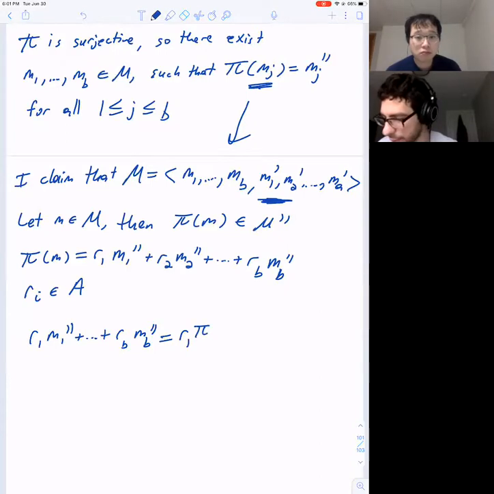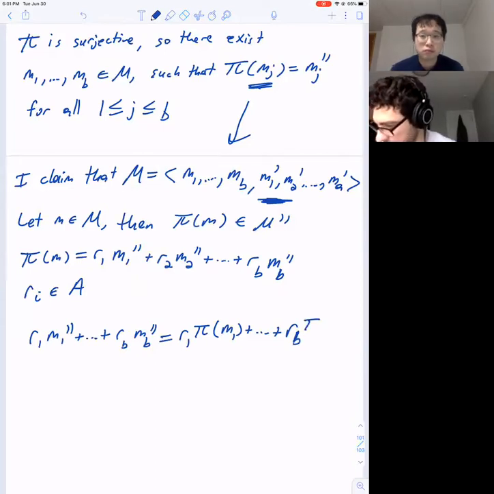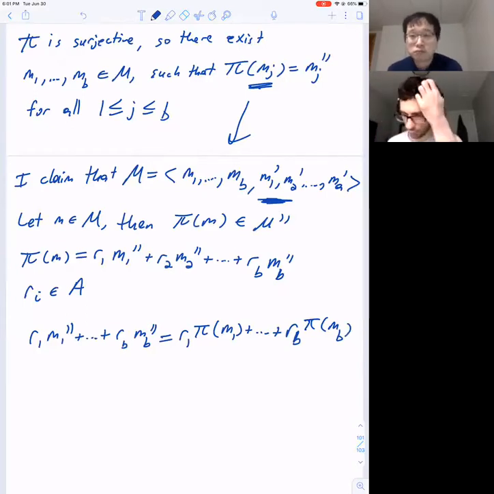I do know that there's another way to express this. M1 double prime is the same as pi of M1. M2 double prime is the same as pi of M2. And MB double prime is the same as pi of MB. Okay?